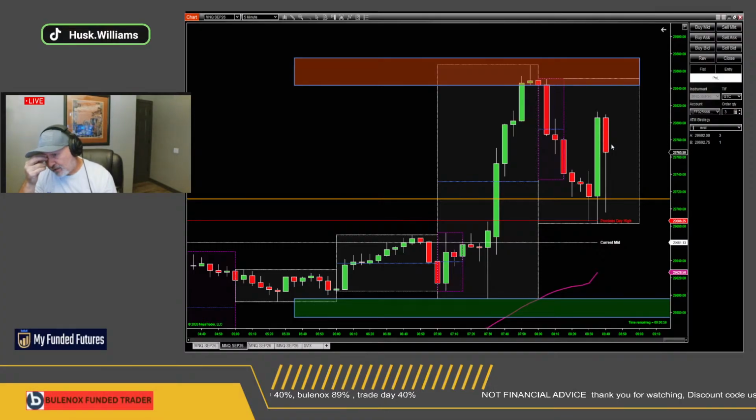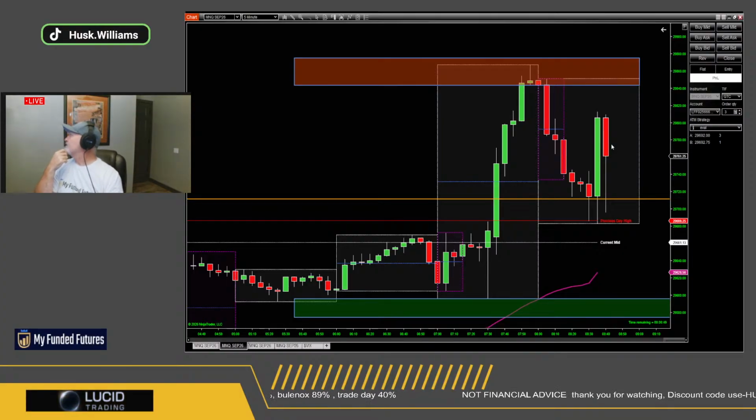Maybe this next candle will print somewhere down in here in the next minute and it will break to the top side here.